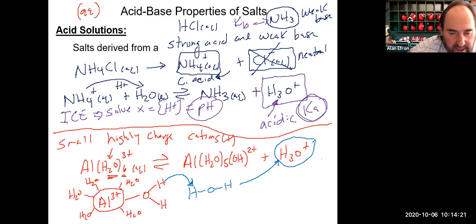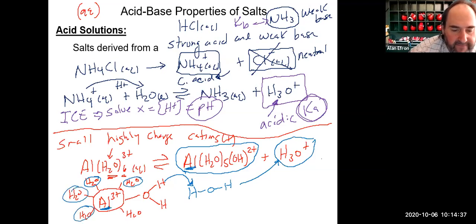And this giant thing that's left over here, you may be wondering what's going on with it. If you just keep track of everything, there is one aluminum. There are 1, 2, 3, 4, and 5 waters that are still intact. When this one loses that H, it is left as OH, which is where this comes from.